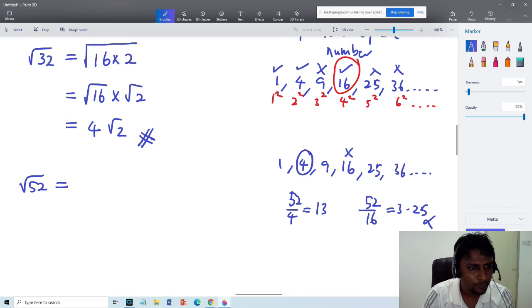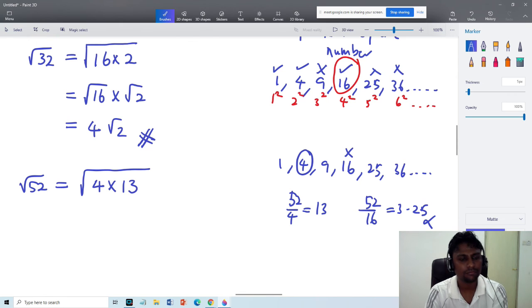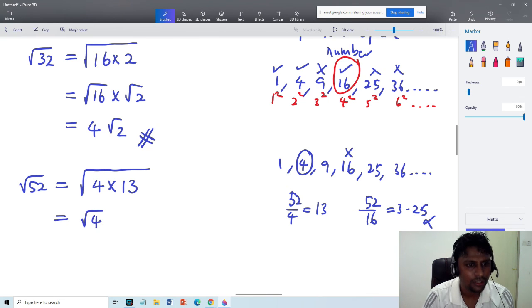So what are you going to do? Again, square root. So 4 times 13, because 4 times 13 you get 52. And then from there you split the square root: square root of 4 times square root of 13.